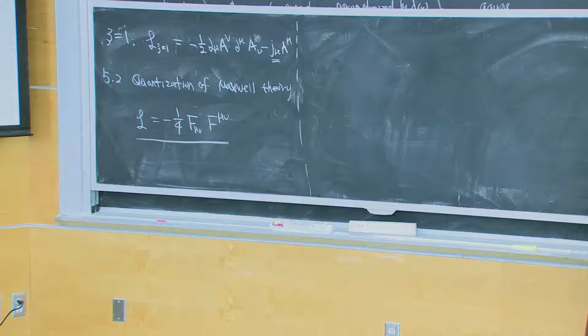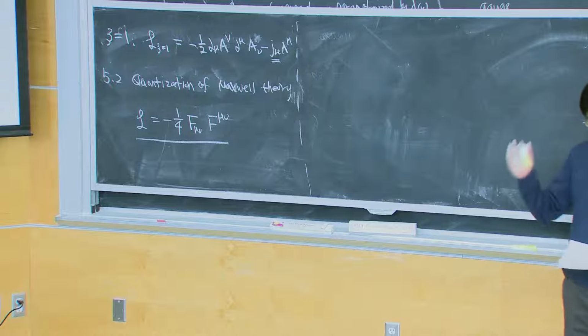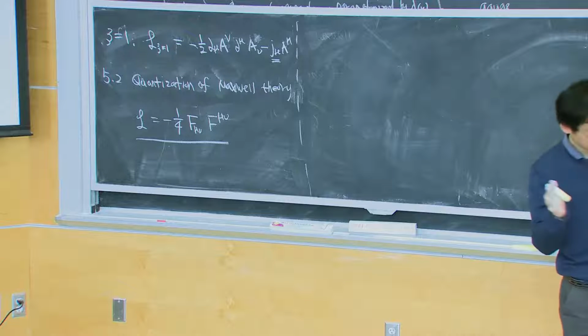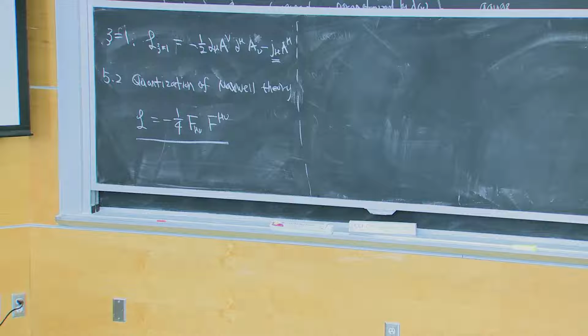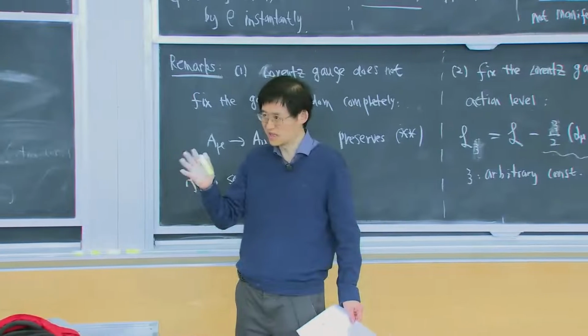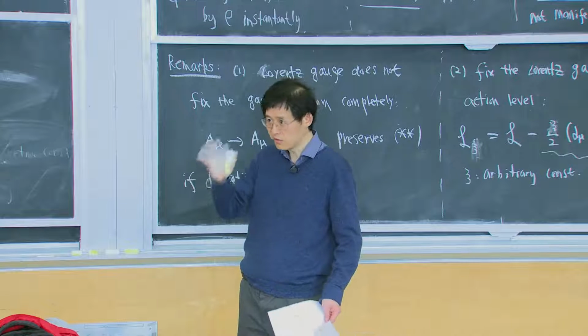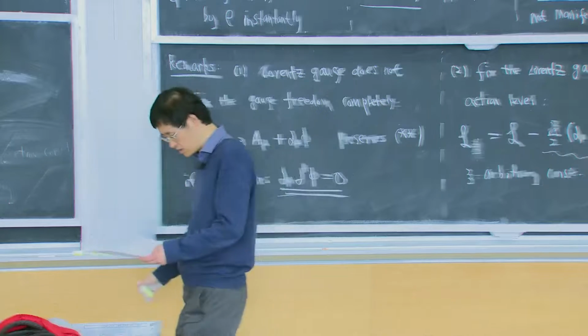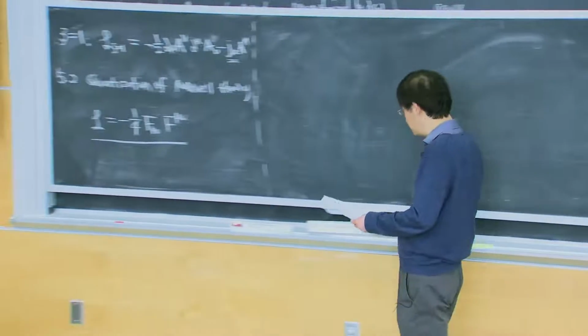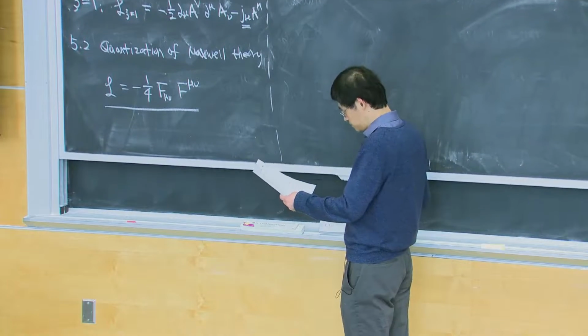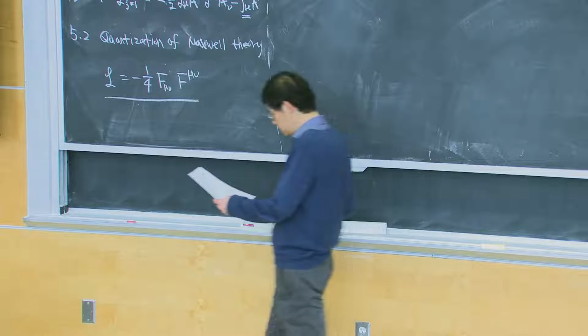There's no interaction. In the absence of the charge density or current density, the Maxwell theory does not have self-interaction. So the photon is free.